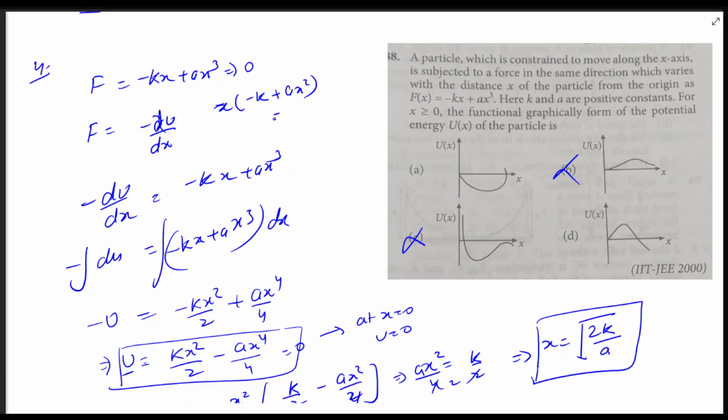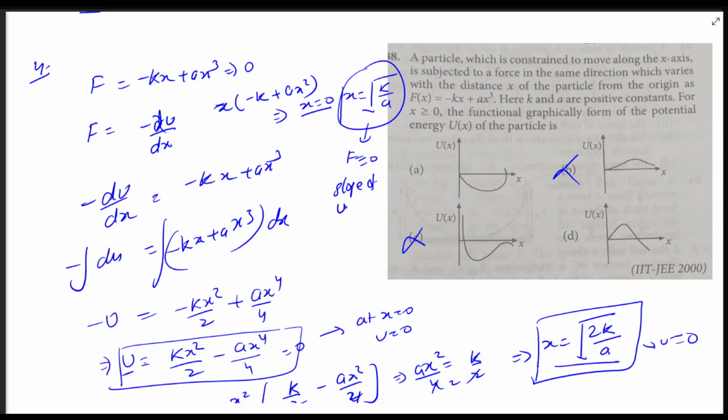So we will get either x equals to 0 or x equals to root k by a. So look, this point is root 2k by a, where u is 0, and this point is before this. Here f is 0, means slope of u versus x is 0, right?